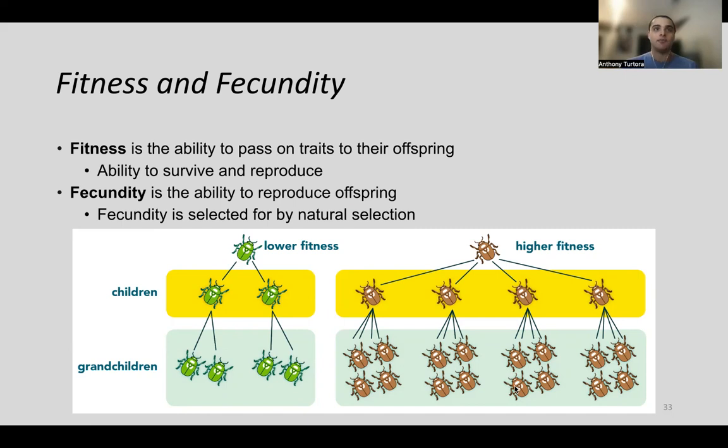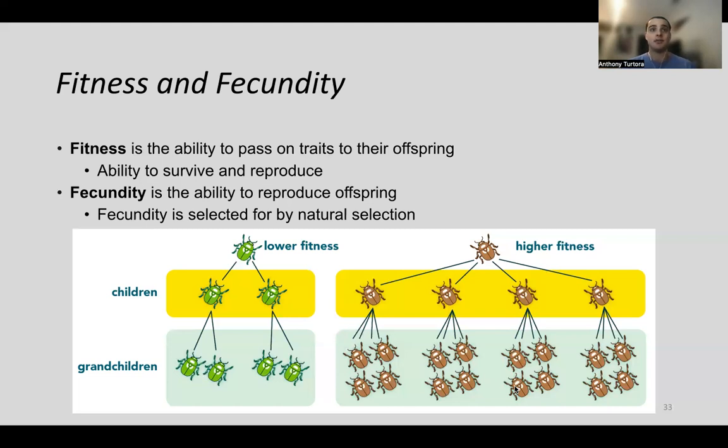Fecundity, on the other hand, is the ability to reproduce offspring. And fecundity is selected for by natural selection. So let's say you have a population that has two different traits. Let's say we have one that has blonde fur, one has brown fur.